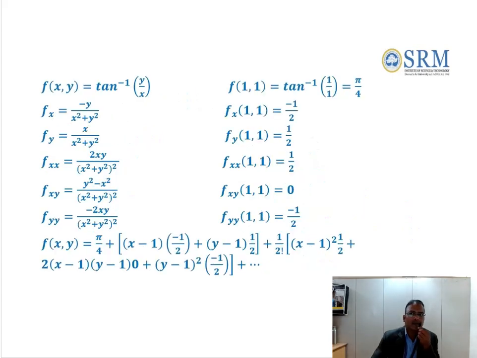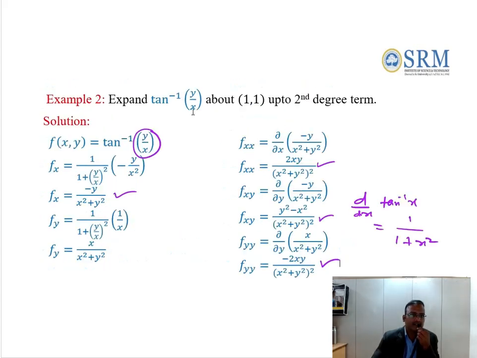Right. Now, we are going to express the given function as a Taylor series about the point 1, 1. Therefore, we have to calculate fx, fy, fxx, fxy, fyy at the point 1, 1. That means we have to replace x equal to 1 and y equal to 1 in all the above functions.